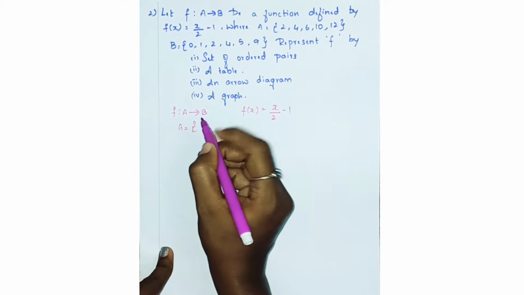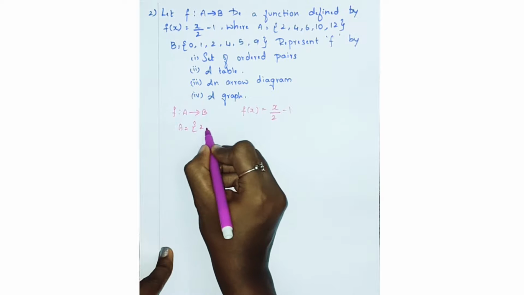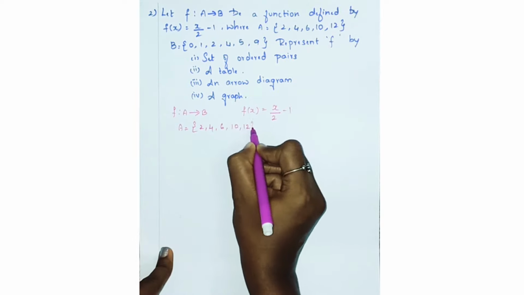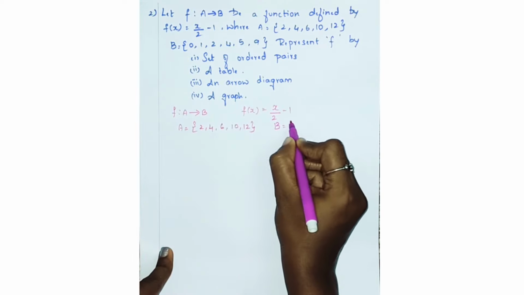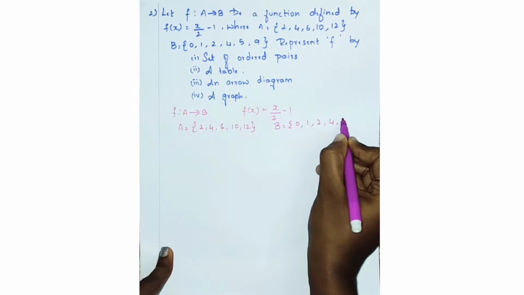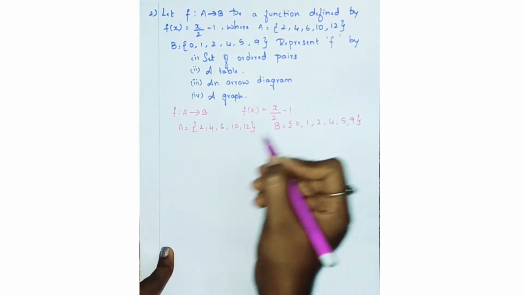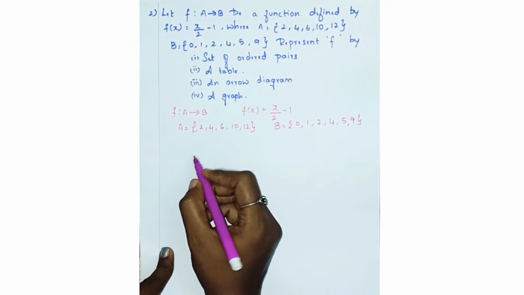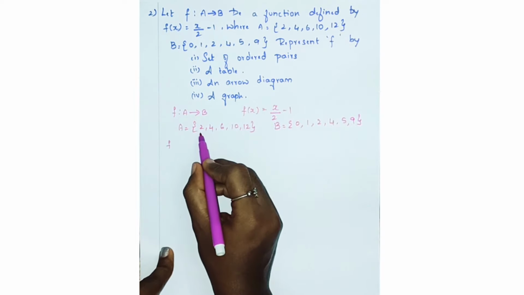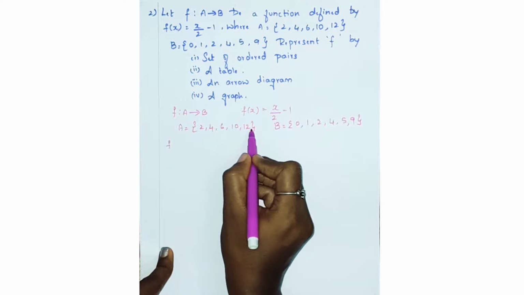What are the A values they have given? 2, 4, 6, 10 and 12. And what are the B values they have given? 0, 1, 2, 4, 5 and 9. Okay, so what you have to do first? Take your f(x) and substitute the A values in it.